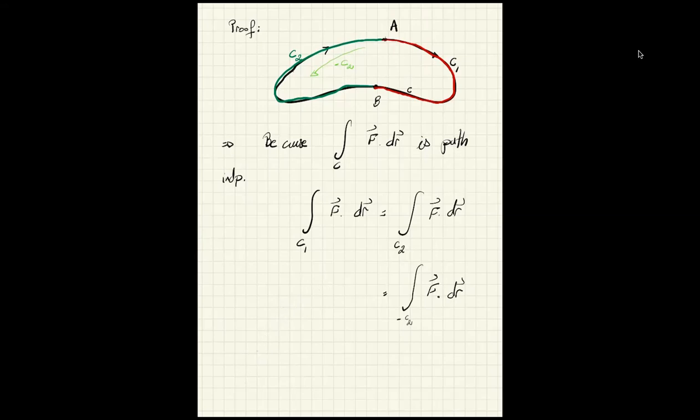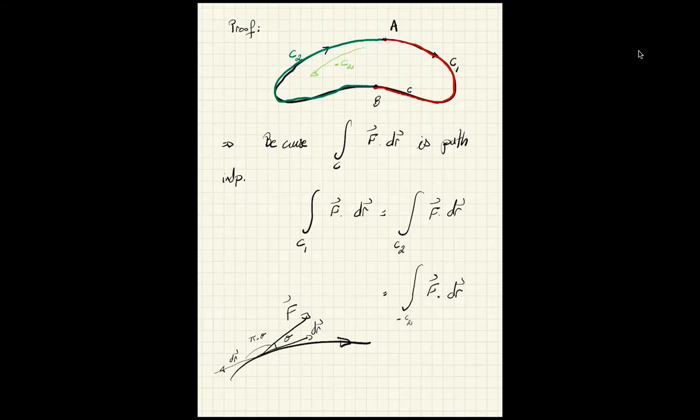Let me do it. If you have the curve and you have F and you have dr and you have theta, this is this direction. Now when you go in the other direction, it's the same tangent line, just with dr in the other direction. The angle here is 180 minus theta, so pi minus theta.